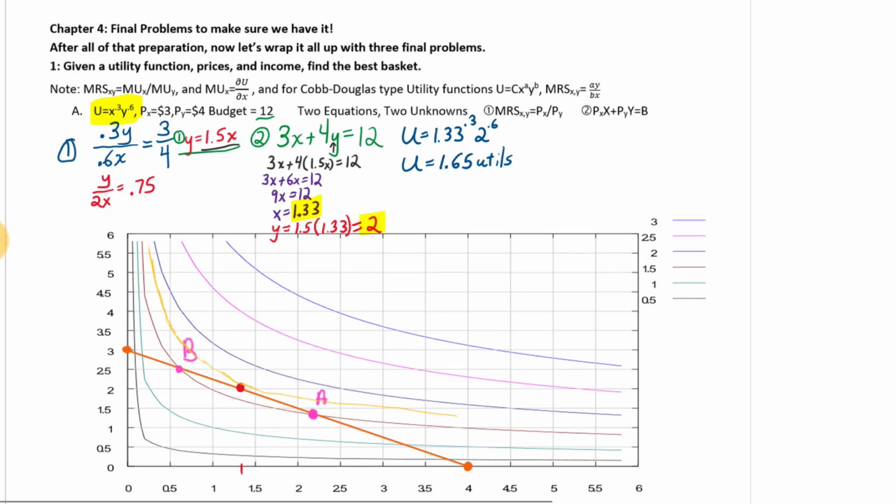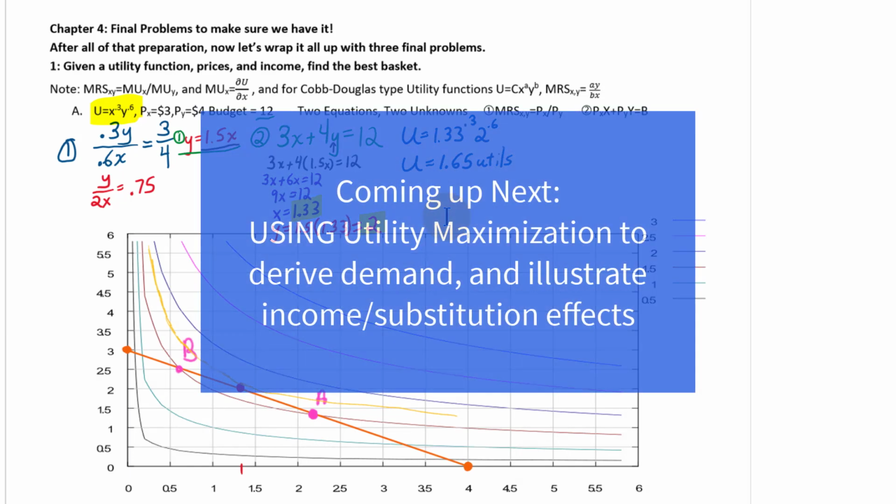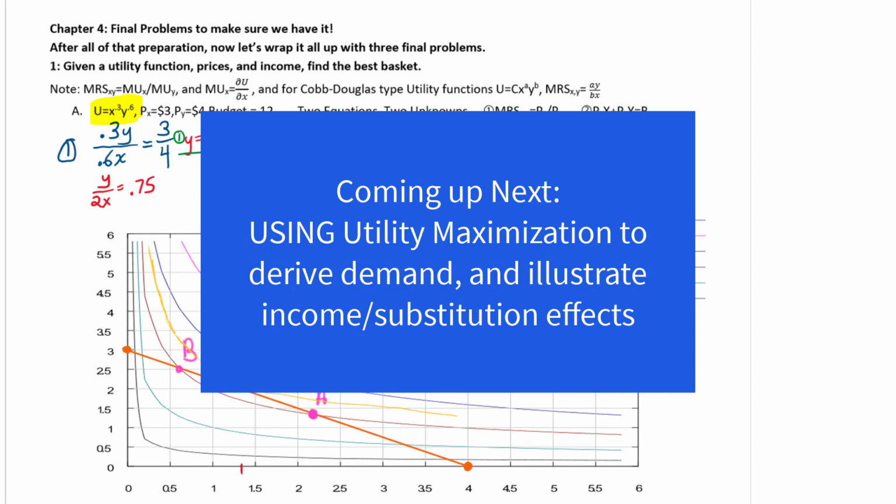So we're going to be using this kind of math. We're going to be using our marginal rate of substitution shortcut trick quite often. And we're going to have to be able to solve this kind of utility maximization problem very quickly, in like 5 minutes or less. Because in chapter 5, we're going to be using these answers to do some other things.